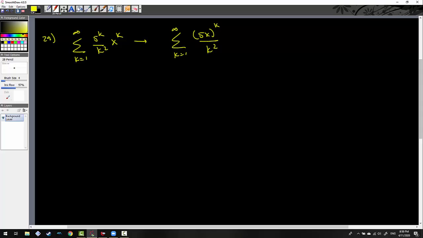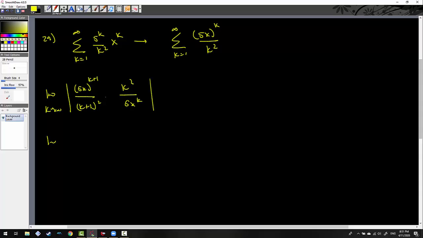And then I'm going to go ahead and do my ratio test for absolute convergence here. So it'll be the limit as k goes to infinity of the absolute value of 5x to the k plus 1 over k plus 1, all squared, times k squared over 5x to the k.